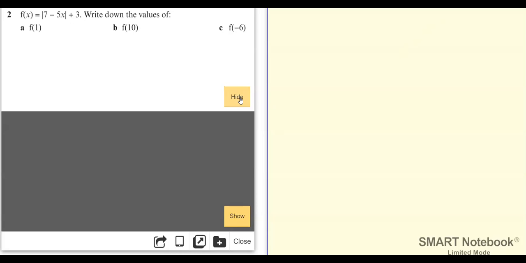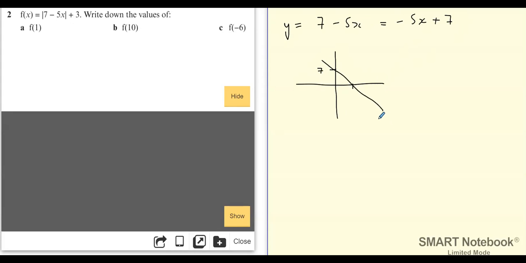You don't want to do them all in one go. Okay, so my starting point would be to start off with 7 minus 5x, and maybe I'll write that as minus 5x plus 7. So that then tells me I've got a downward sloping graph, goes through 7. This point here is going to become 7 over 5. I'll be happy with that. Does that make sense?